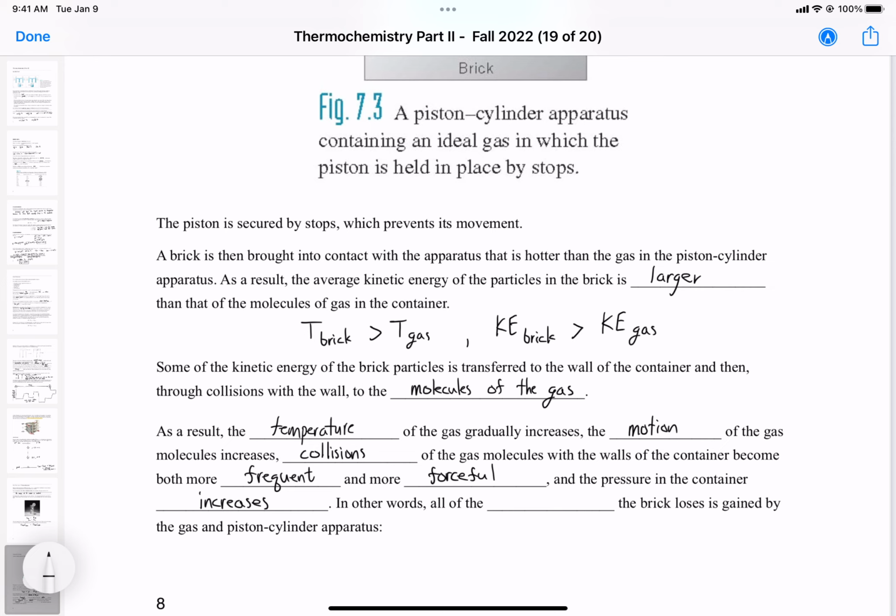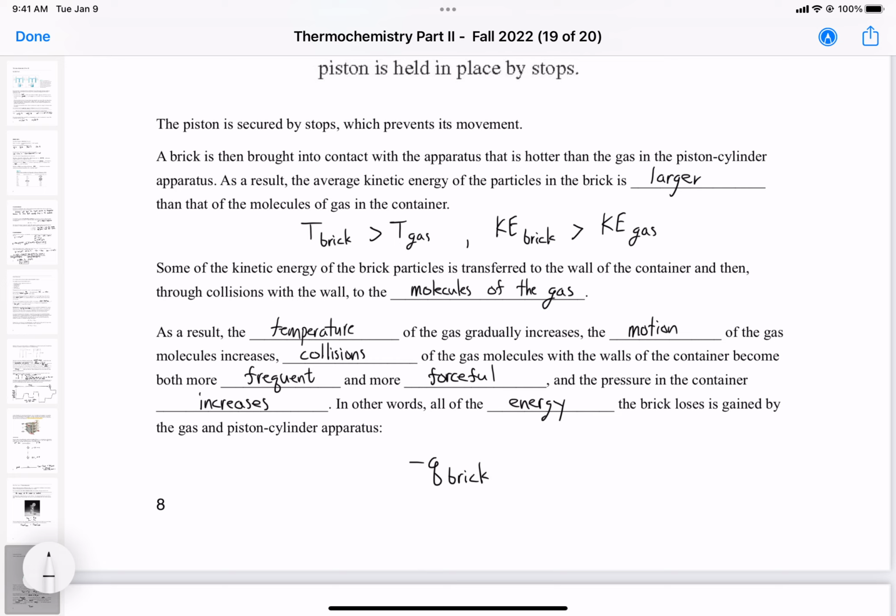Okay, so that's how we describe what's happening when we bring a hot object in contact with a cold object. All right, so in other words, all the energy the brick loses is gained by the gas in the piston cylinder apparatus. So what we can say is negative Q brick equals Q gas.